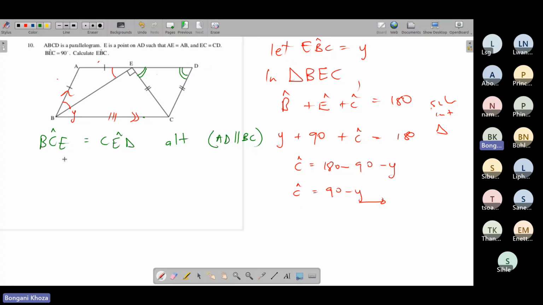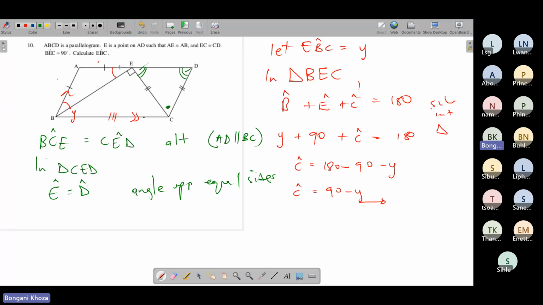So we can say in triangle CED, angle E is equal to angle D, and the reason for this is angles opposite equal sides are equal. So that one and that one we know. This one we don't know over here. So we can leave it like that for now.